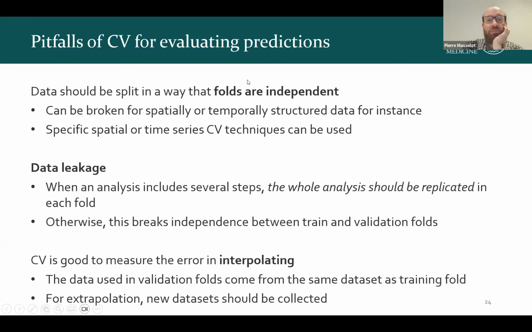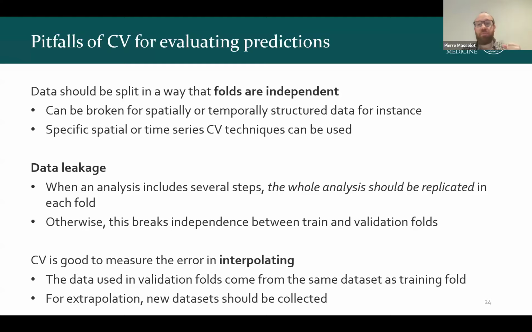There are, of course, some pitfalls for cross-validation, and one of them is that when you create your folds, you should split your data in a way that your folds are all independent.